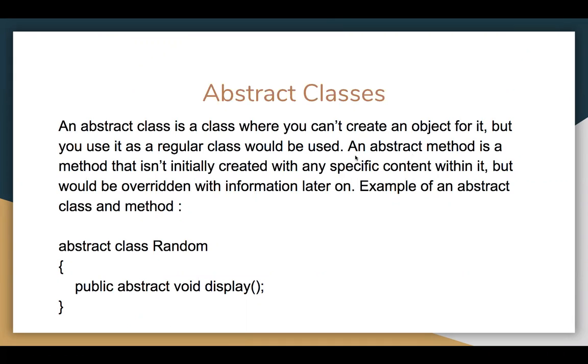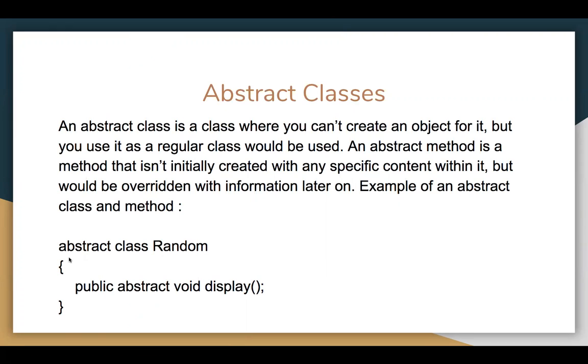An abstract method is a method that isn't initially created with any specific content within it, but would be overridden with information later on. So an example of an abstract class and method, you can see here. First, it has the abstract keyword, and then class, and then a random name.